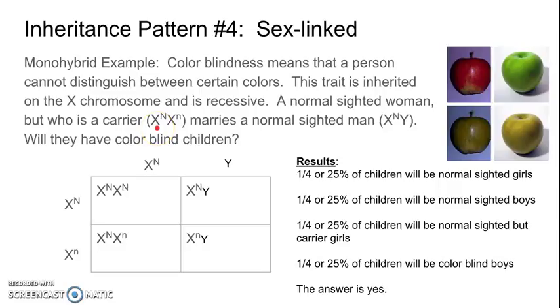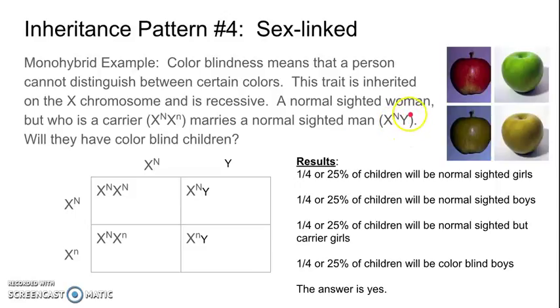And so we have X superscript capital N, X superscript lowercase n, because this woman is a carrier. So there is the allele that could potentially create color blindness. And the man is normal sighted, so big N for normal sight.